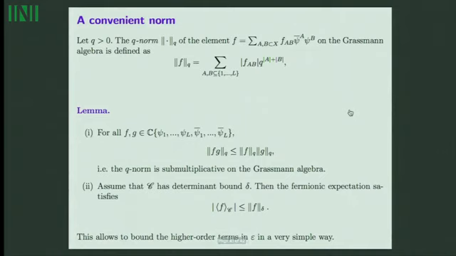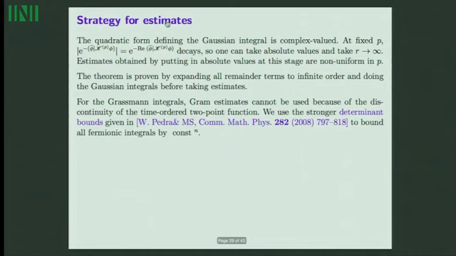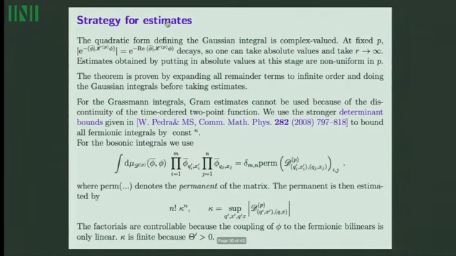So you just use a norm on the Grassmann algebra which obeys the product inequality, and where you have the inequality that the expectation with the Gaussian measure is bounded by this norm. And once you do this, you can bound the Grassmann part in a very simple way. So there's nothing complicated needed there.